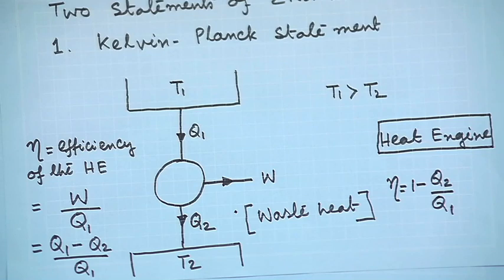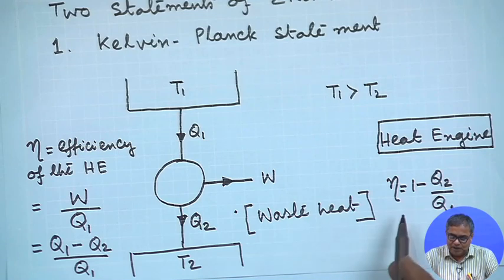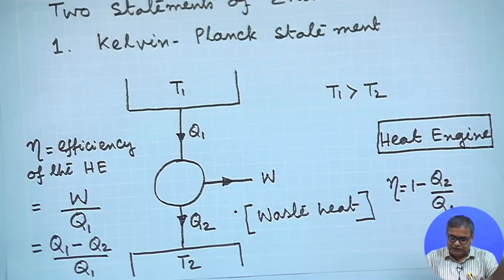So, again we get one perspective of waste heat recovery. We want to increase the efficiency of this device. If we can reduce Q2, obviously that is a desirable situation. Now, this Q2 which is rejected to the ambient, which is dumped to the ambient, can probably be reduced by adopting certain waste heat recovery principles.